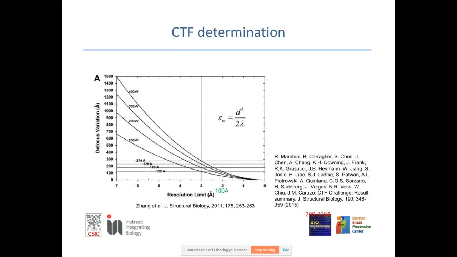The thing is a bit like in this plot here. If you want to have very, very, very high resolution, you have to be perfect in absolutely all steps. So you have to correct your motion perfectly. You need to estimate your defocus perfectly. You don't need to have astigmatism.